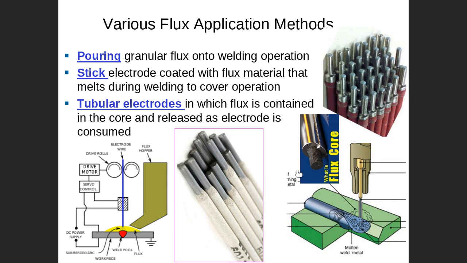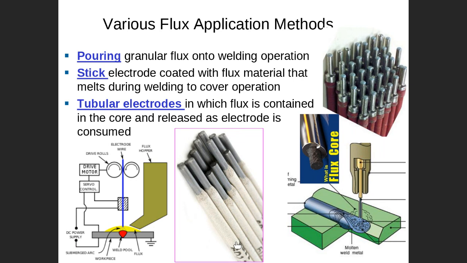Someone will ask, why do we do that? Why do we put the flux in the core? Why not simply coat it, which is easy? This one is difficult to manufacture, because if the temperature is high, the coating will be delaminated and probably not function well.